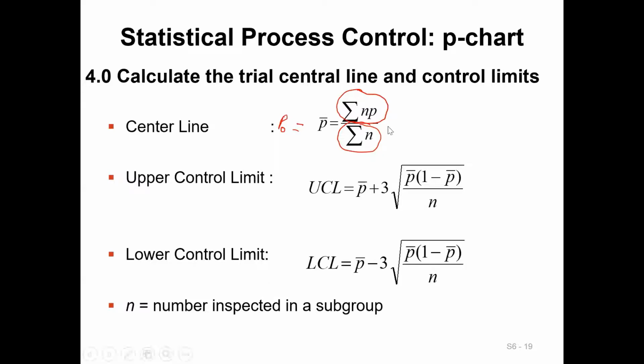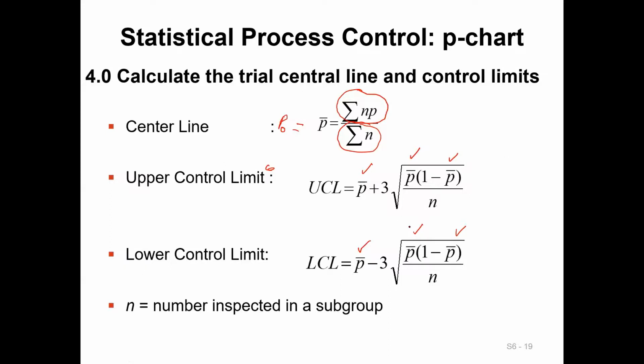The upper control limit is equal to P bar plus 3 multiplied by the square root of P bar times (1 minus P bar), divided by n. So what you need to know is only the P bar. Once you have the P bar, you are able to calculate the upper control limit and lower control limit.